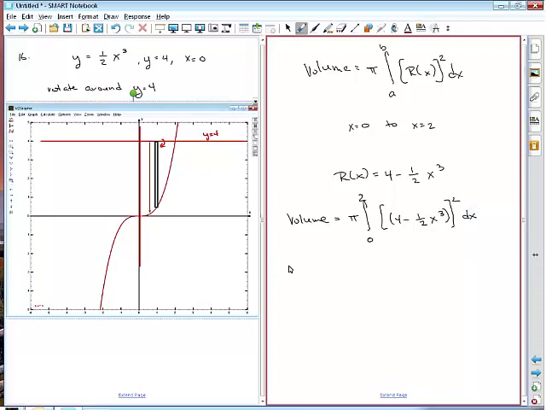Okay, now we multiply out. So the volume equals pi times the integral 0 to 2, and we'll end up with 16, 4 squared. Then you take 4 times this term, which would be negative 2x cubed times 2, which would be negative 4x cubed.